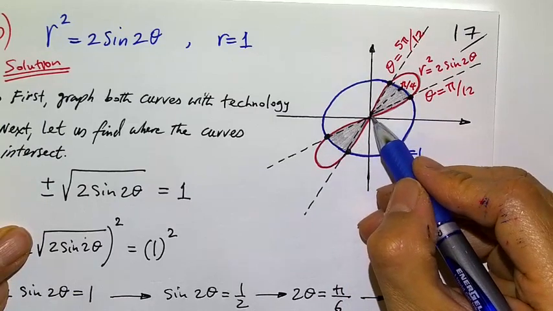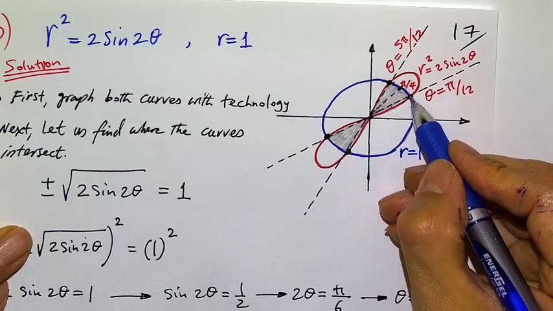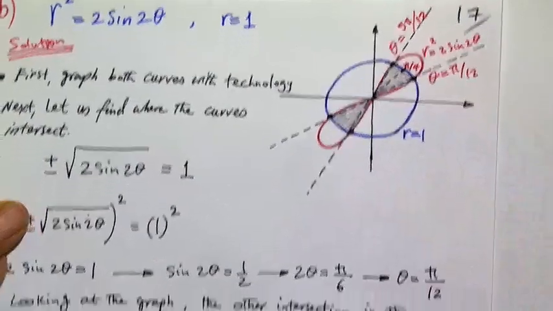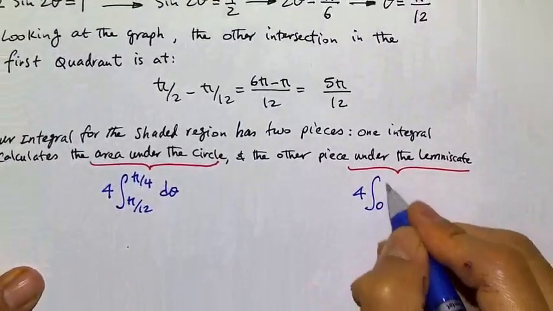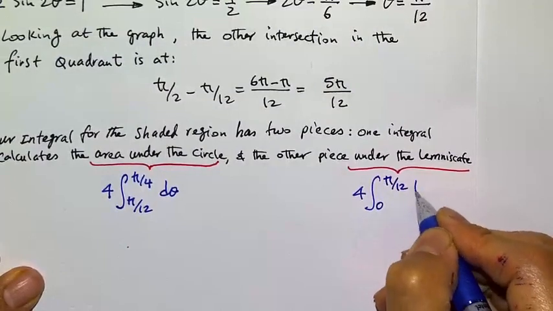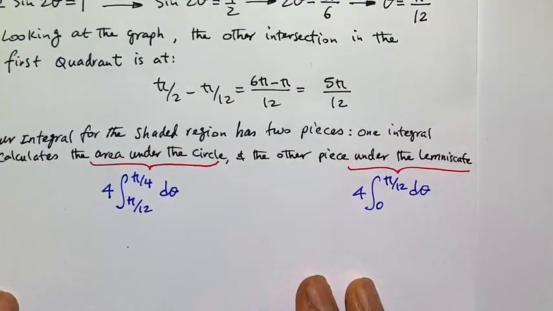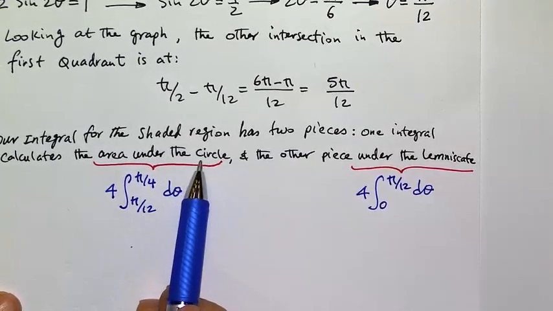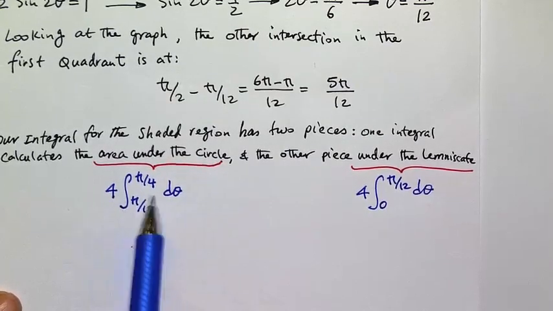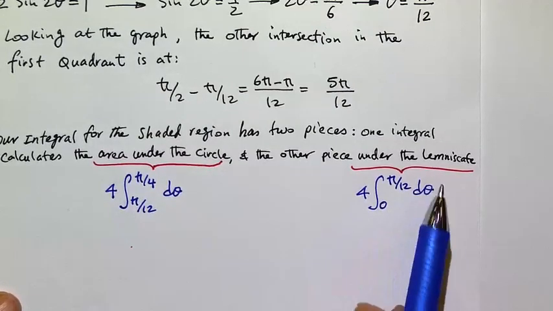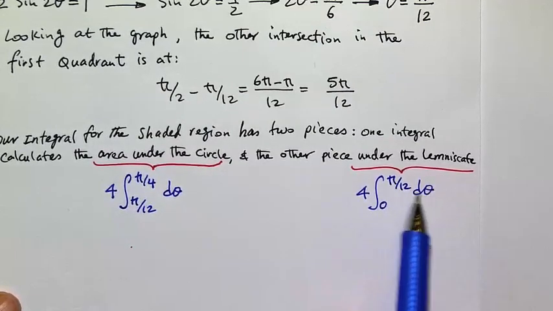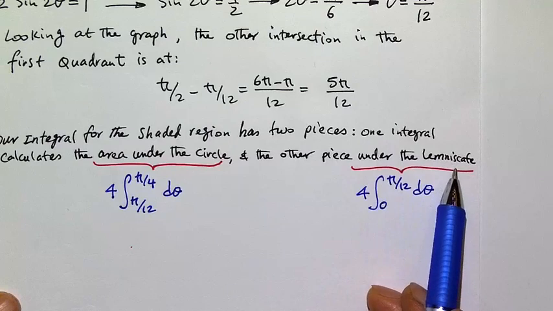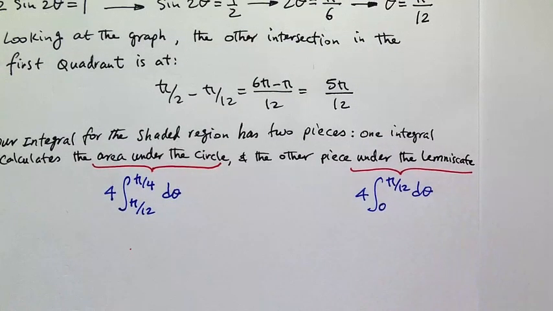So that will be 0 to pi over 12 d theta. But you got to be careful. You're only integrating the curve that generates the circle for this integral, and for this integral, you're only integrating the region that generates the lemniscate. Okay? That's the idea.